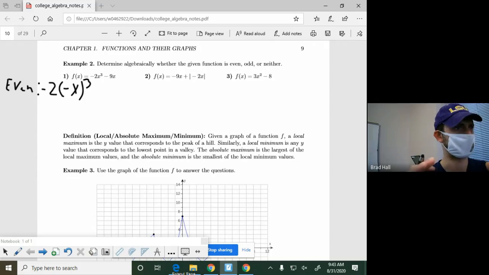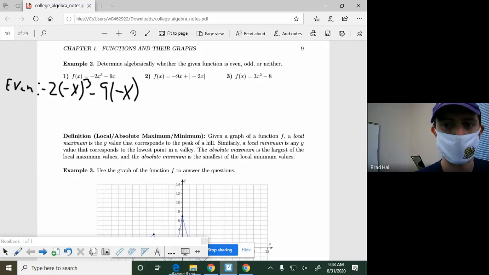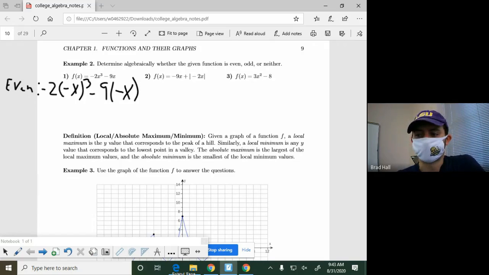It's good to do that anytime you replace or substitute anything. Minus 9, and I see another x. So guess what? I put a negative x in its place. So that was the first step. I replaced every x I saw with a negative x. And now I'm going to simplify.